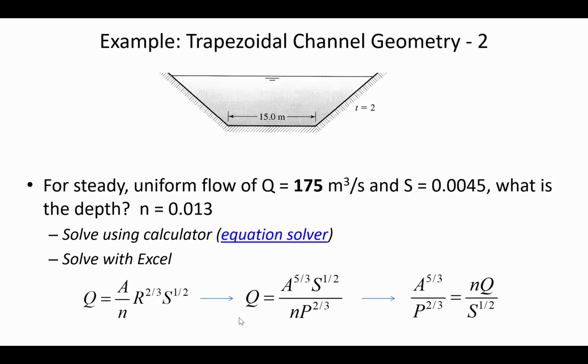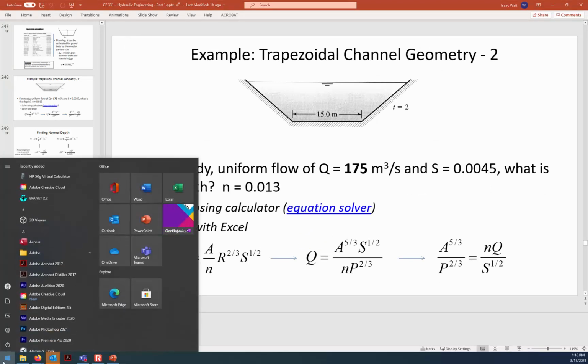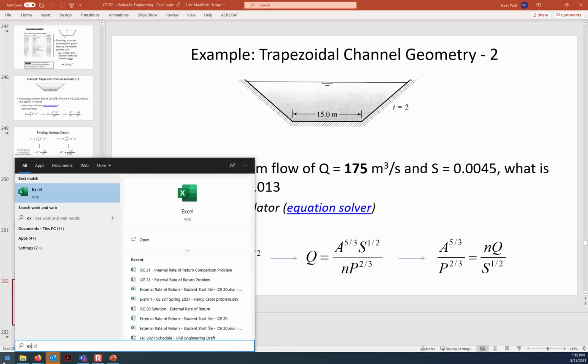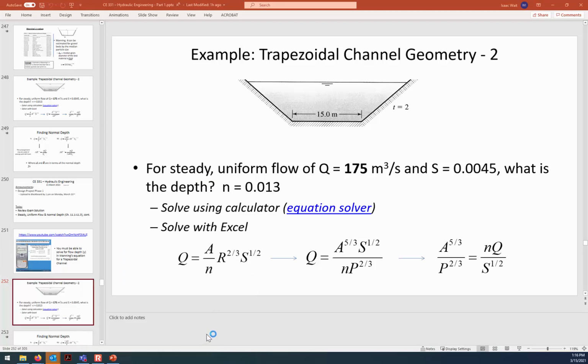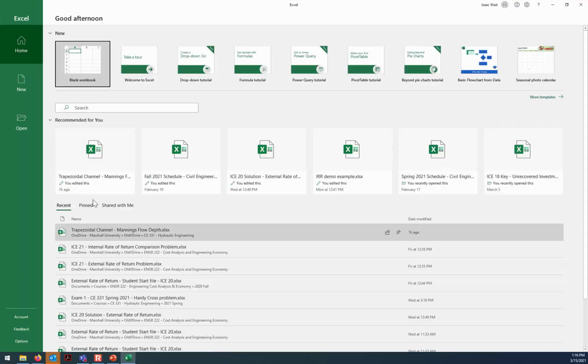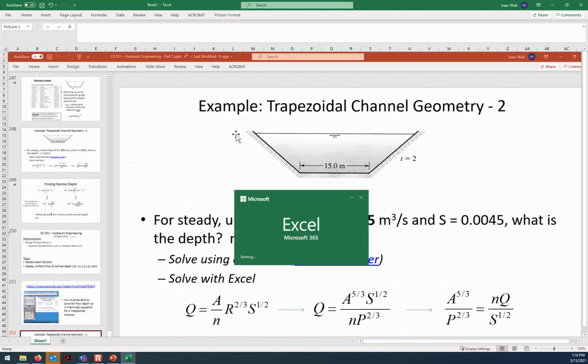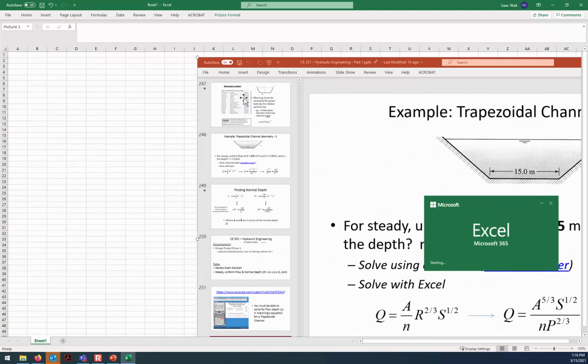Okay, so let me start up Excel and let's do this together. Let's find out what is the flow depth that's required for this channel. And I'm just going to take a screenshot of this so that I can paste it into Excel and we have all of the data available. That's not so good.